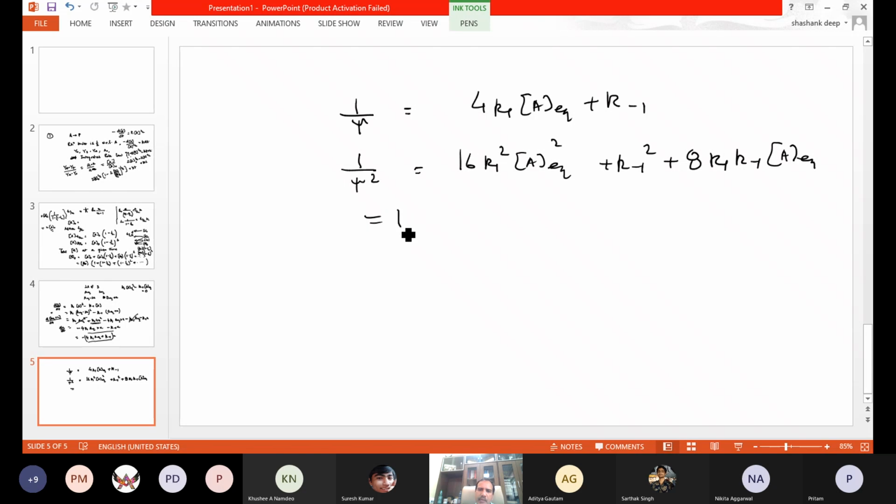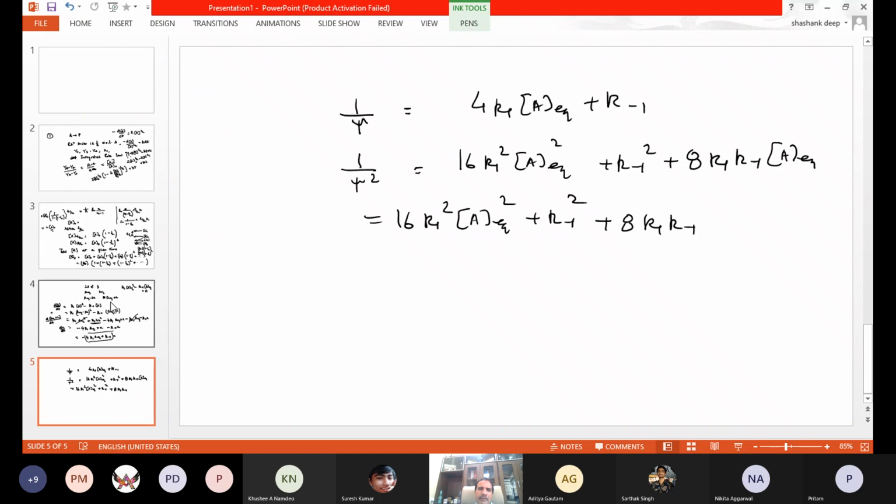And what can we write A equilibrium as? A equilibrium square plus k minus 1 square plus 8 k1 k minus 1.